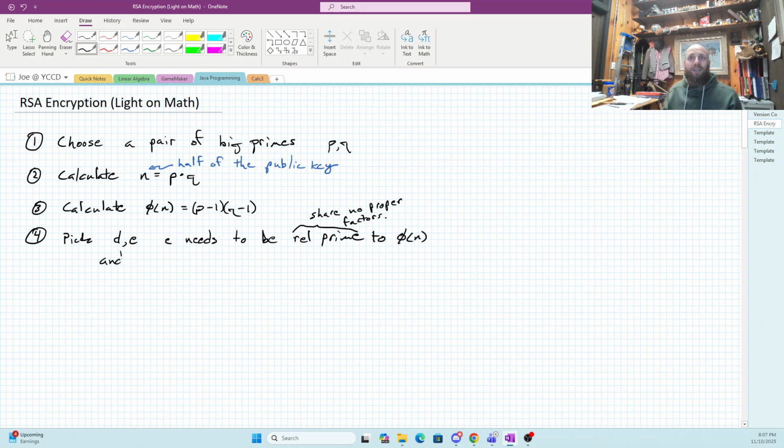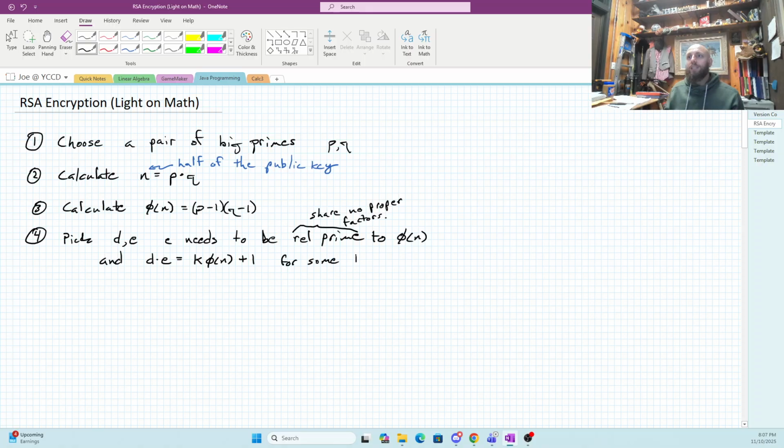And we need that D times E is equal to some number k times the totient of N, plus 1.